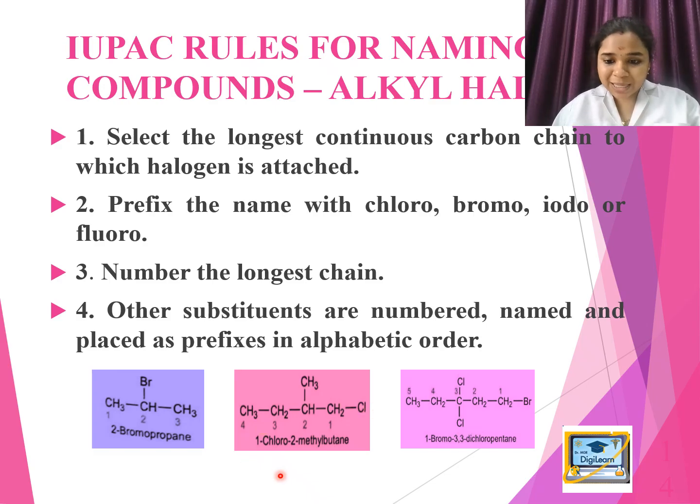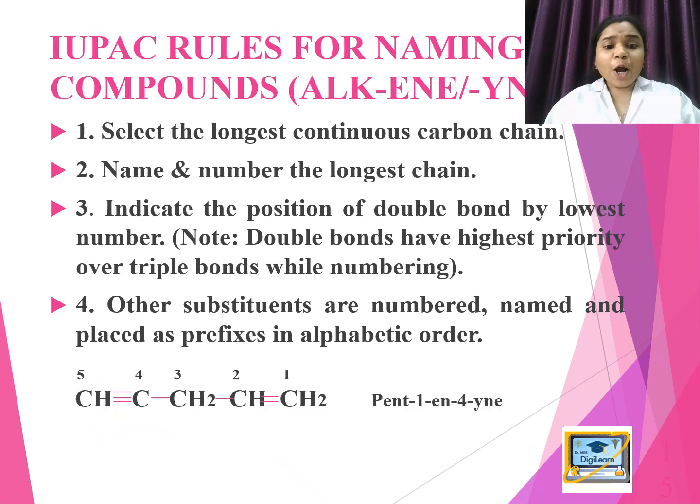The chloro should come first because C comes first. Okay. So 1-chloro-2-methylbutane. Saturation part is ane. Only single bond is present. Okay. IUPAC rules for naming a compound: alkane, alkene, and alkyne.